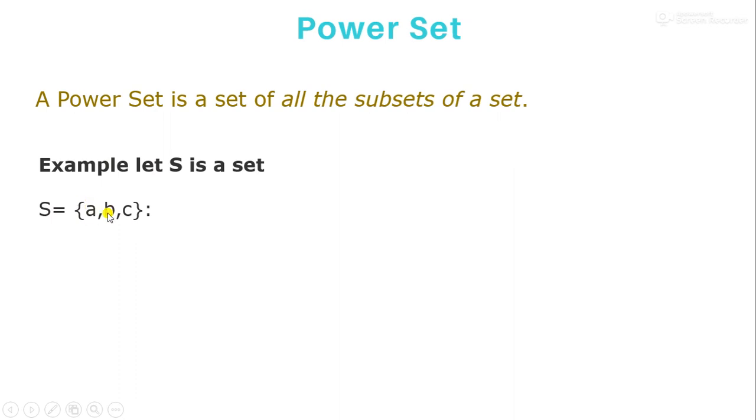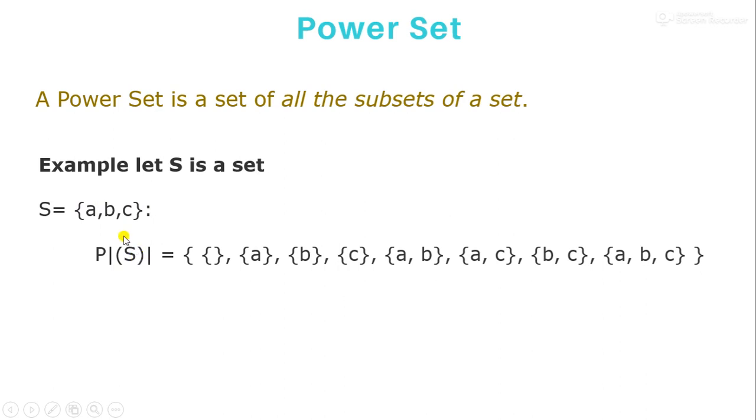Now we need to list out all the possible sets using these three elements. The power set can be denoted using this symbol, and this is the cardinality of the power set. In our previous slide we studied that the empty set is a subset of every set. So the first subset of this set S is the empty set.